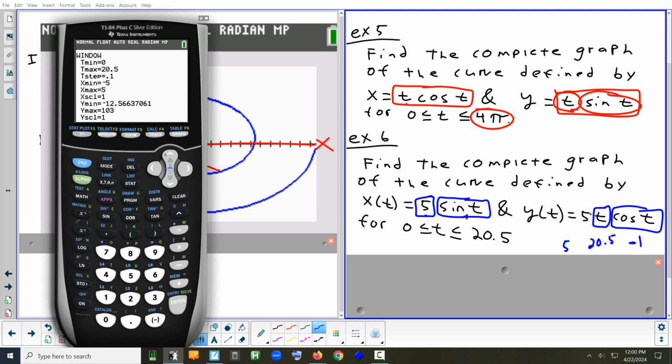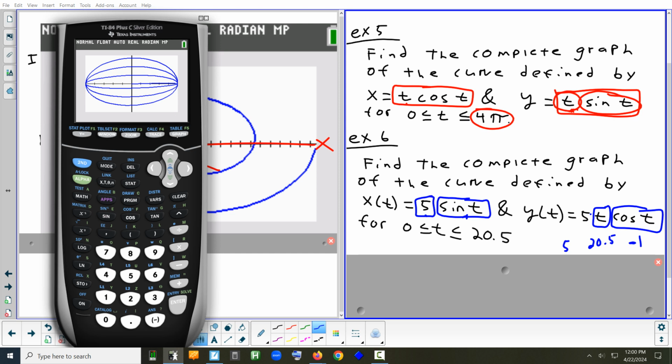Let's graph it now and see what we got. So setting the window is going to make a huge difference in looking at this graph. It's a lot easier to see what's going on now. So it looks kind of like a watermelon or a beach ball. I don't know. It's like a lawnmower thing. And if you set t max higher, you're just going to get more and more bands.